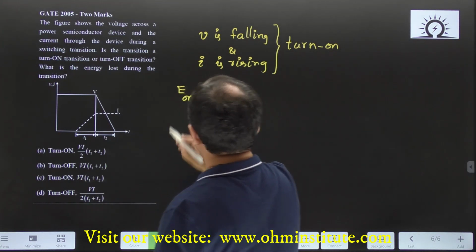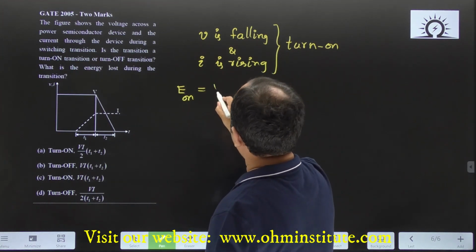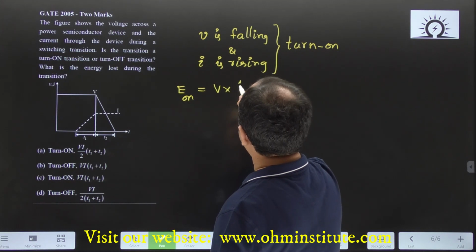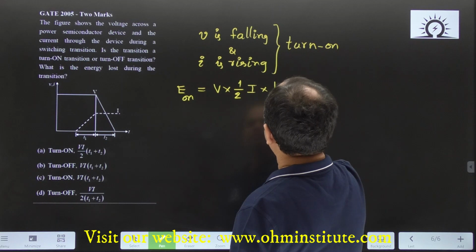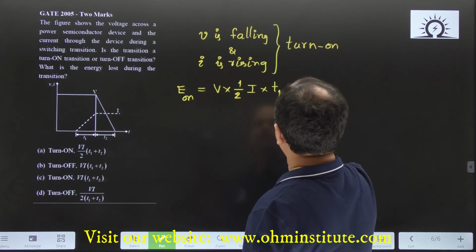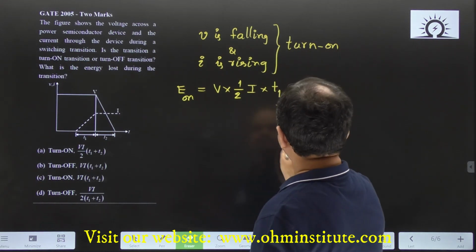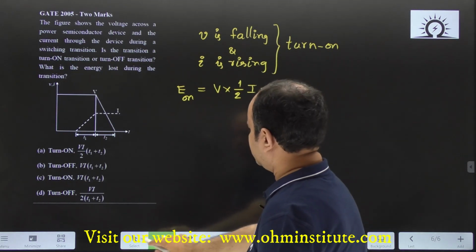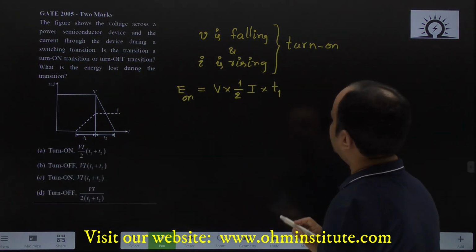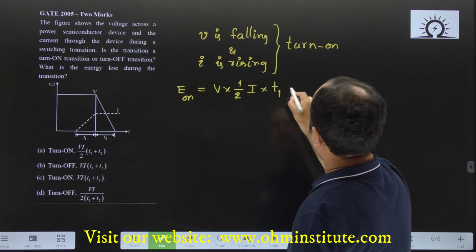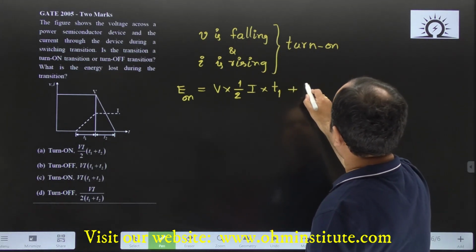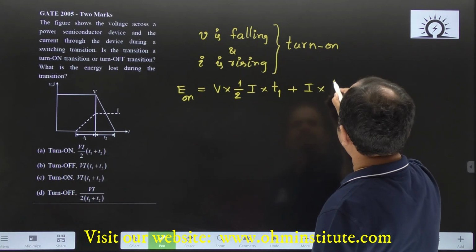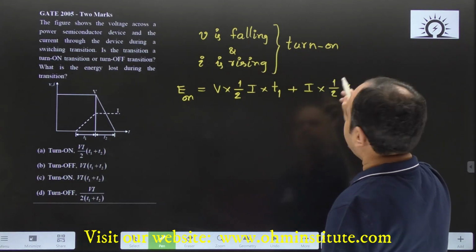during this turn on transition is voltage multiplied with the area of the current triangle, that is 1 by 2 into T1 into I, plus, now during the T2 interval current is constant, therefore, I multiplied with the area of the voltage triangle.